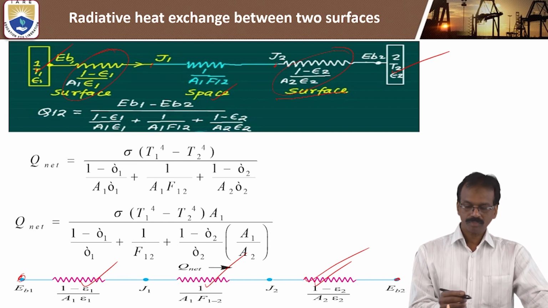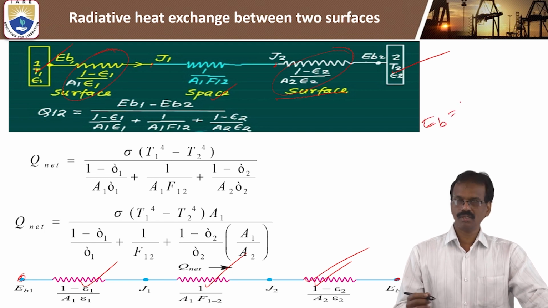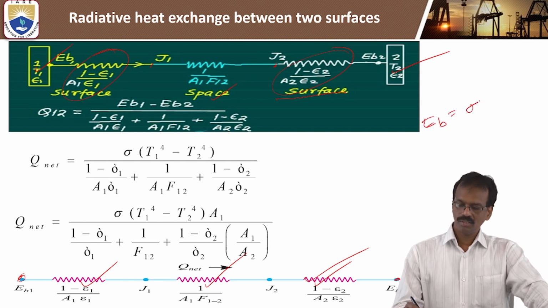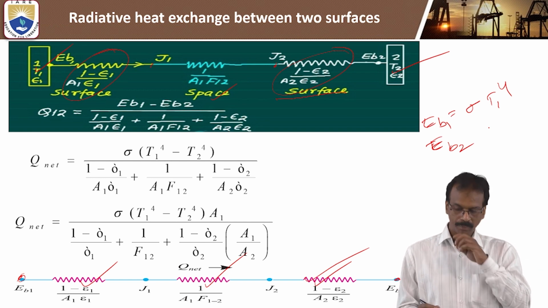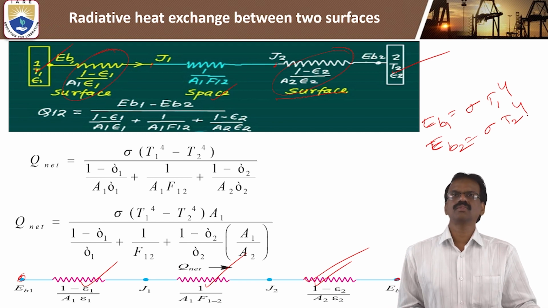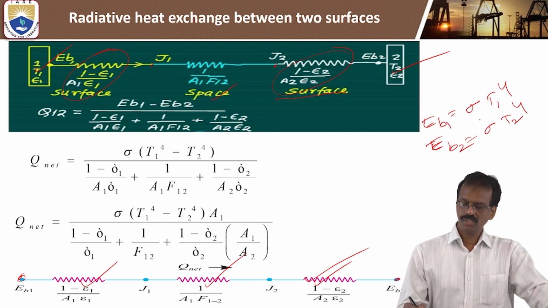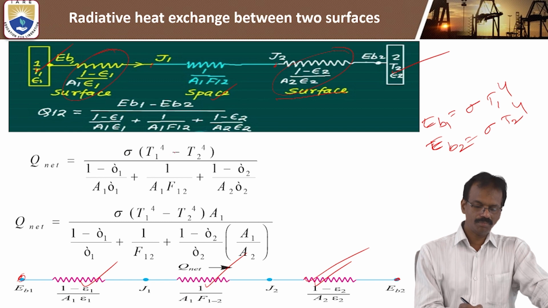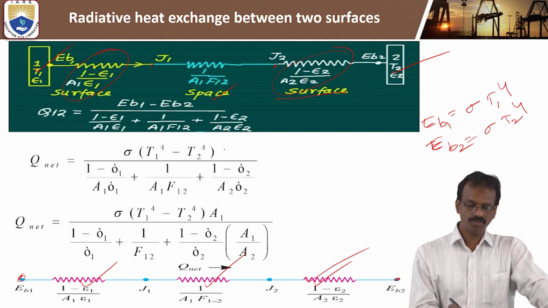You know that EB1 is equal to, according to the Stefan-Boltzmann law, sigma into T1 to the power of 4. This is EB1. EB2, the emitting energy of black body 2, is equal to sigma into T2 to the power of 4. Sigma is common, so sigma into (T1 to the power of 4 minus T2 to the power of 4).